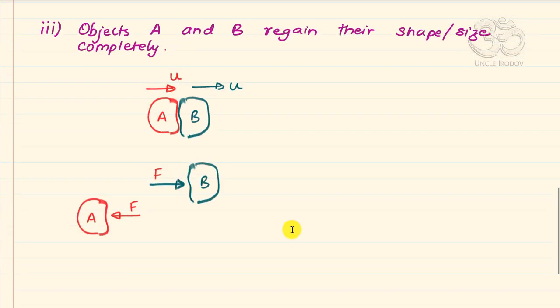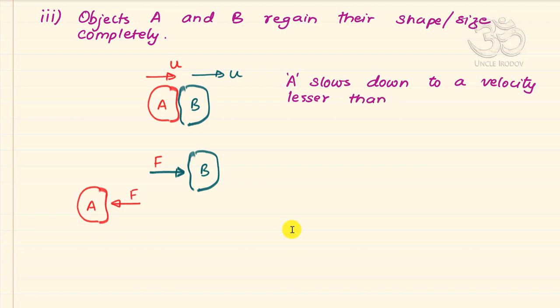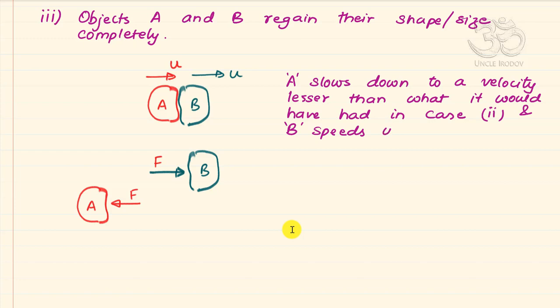So we can maybe make a guess like that, and we can say that A slows down to a velocity lesser than what it would have had in case 2, and B speeds up beyond what it would have had in case 2.